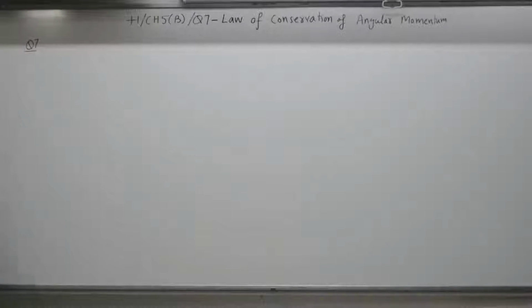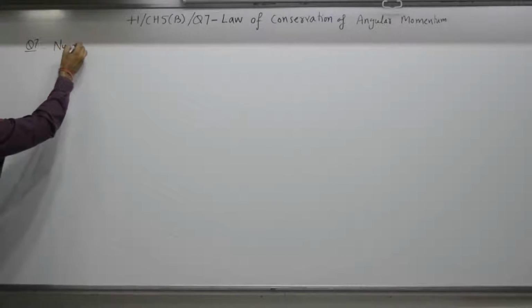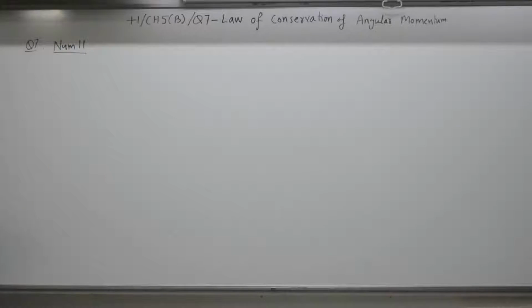Numerical number 11. Yes. The question is, a boy is seated in a revolving chair revolving at an angular speed of 120 rpm.